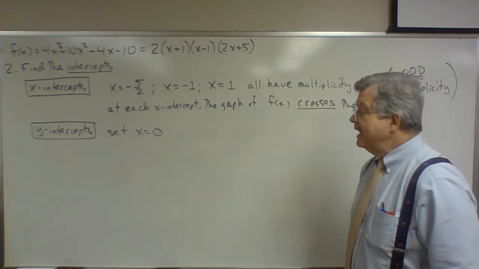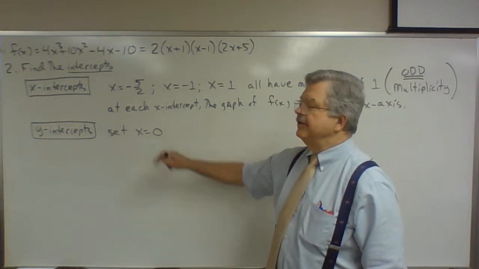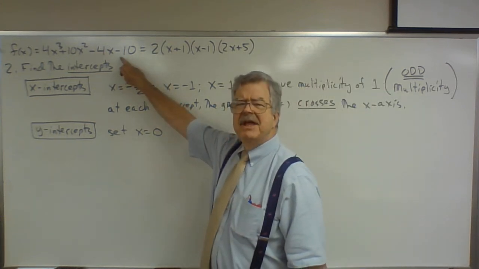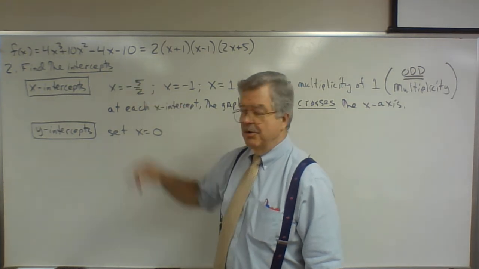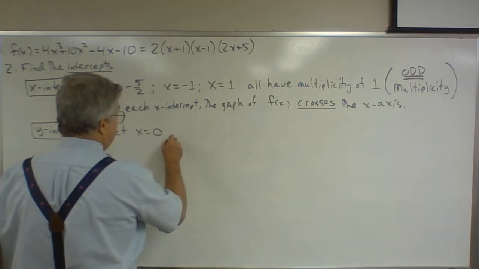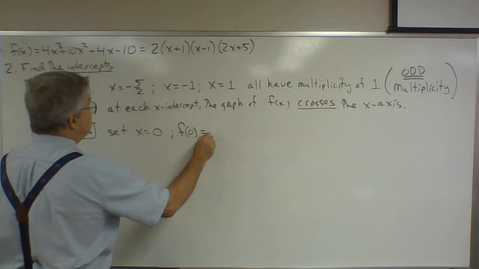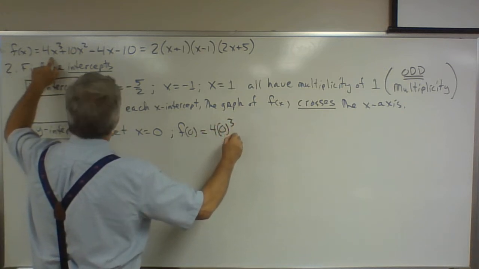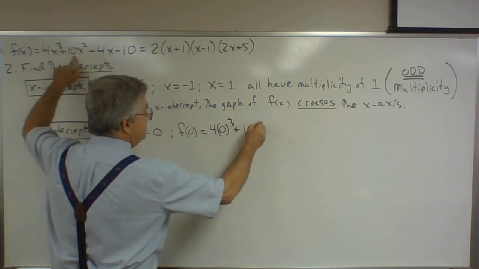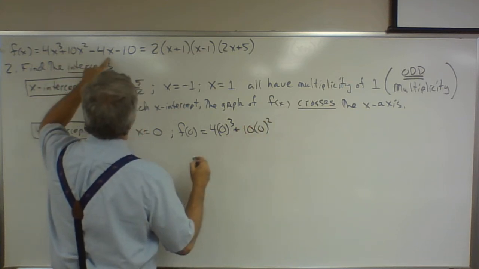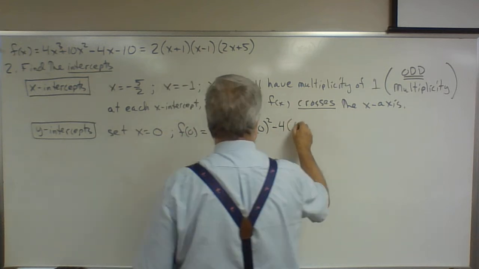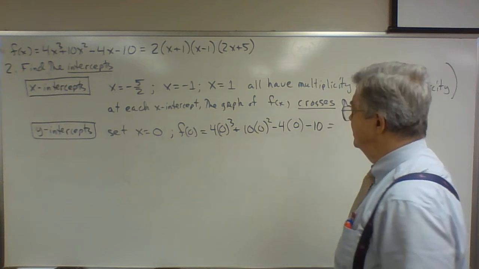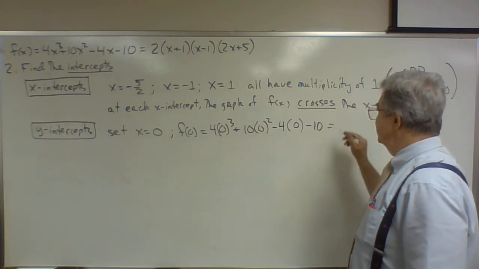To find the y-intercept, we set x equal to 0, and we do that using the expanded or standard form of the polynomial. F of 0 equals 4 times 0 cubed plus 10 times 0 squared minus 4 times 0 minus 10, which is negative 10.